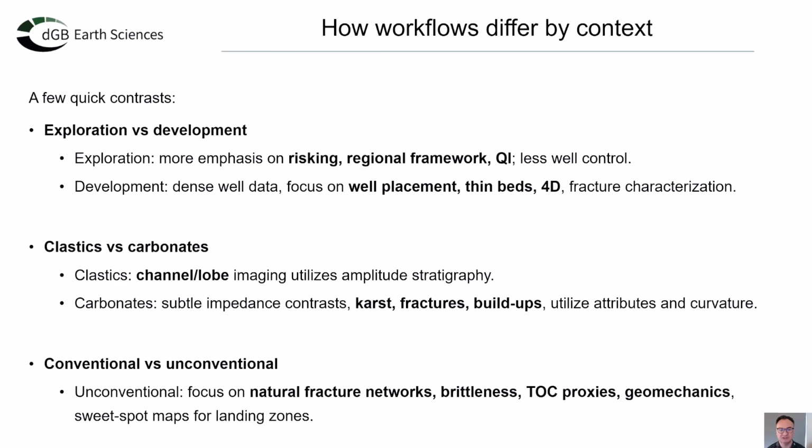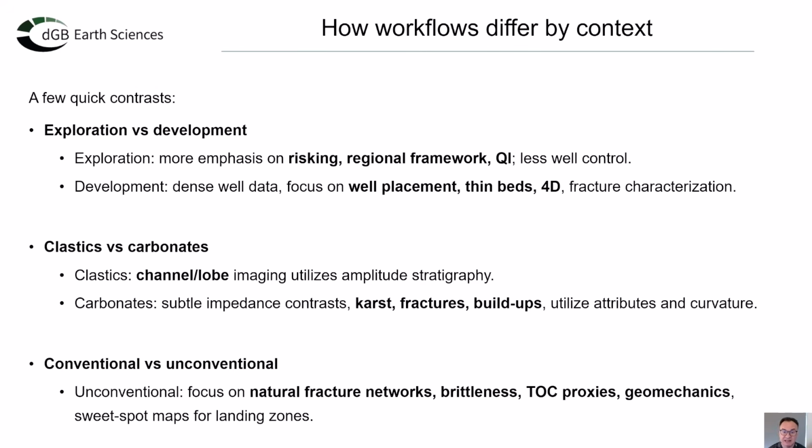And, just looking at a few quick contrasts, exploration versus development. Exploration has more emphasis on risking regional frameworks, QI, where there's less well control. Development has much more dense well data, focus on well placement, problems like thin beds, 4D, fracture characterization, those kinds of things. Looking at environments, clastics versus carbonates. Clastics at a channel lobe, imaging, utilizing amplitude stratigraphy.